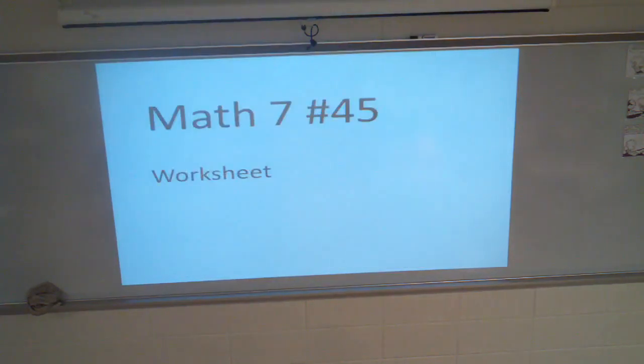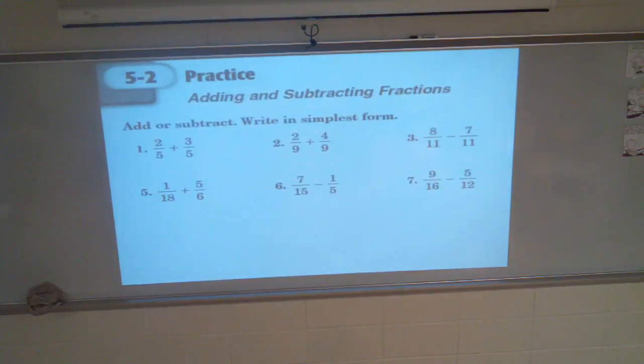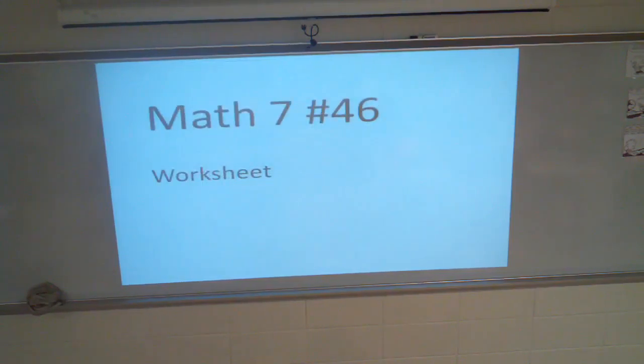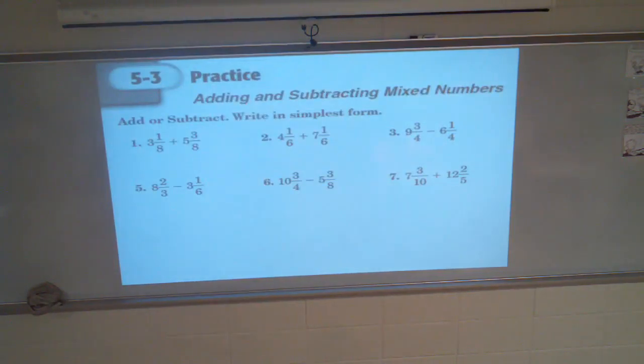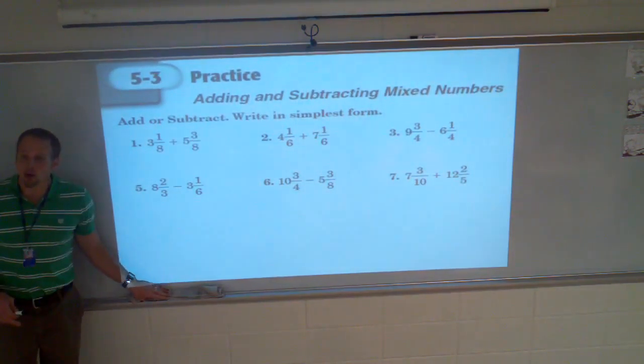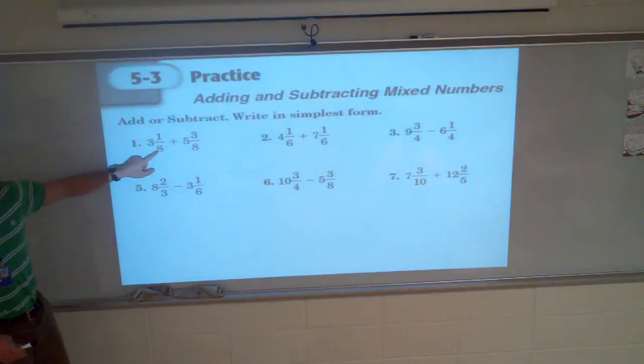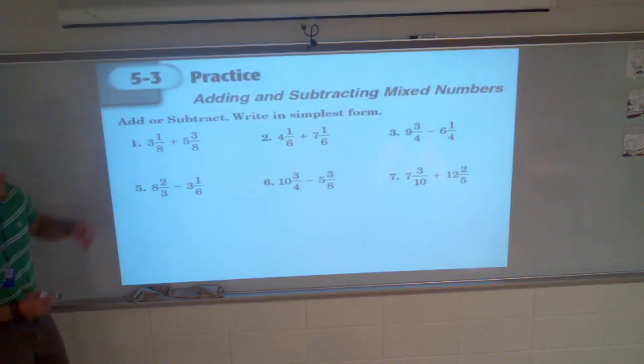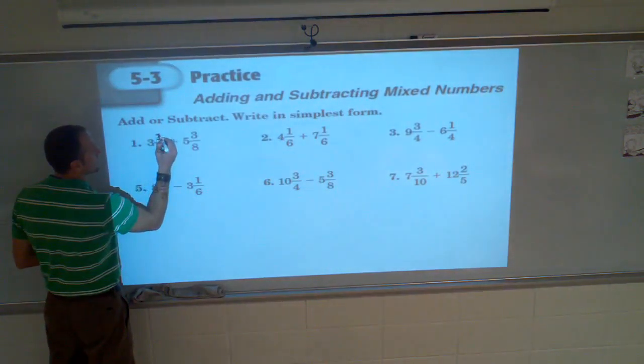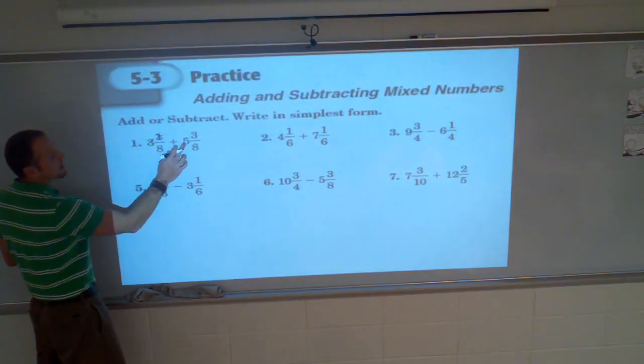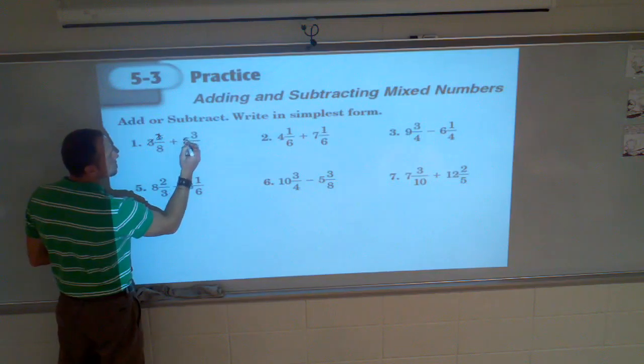If you are adding or subtracting with mixed numbers, you may change them. Okay? You may. It will work to do this. And this is the way I used to teach it. 8 times 3 is 24, plus 1 is 25. 8 times 5 is 40, plus 3 is 43.